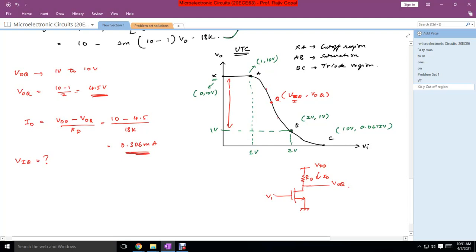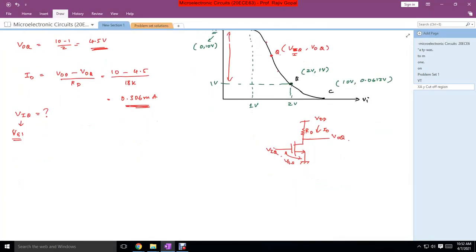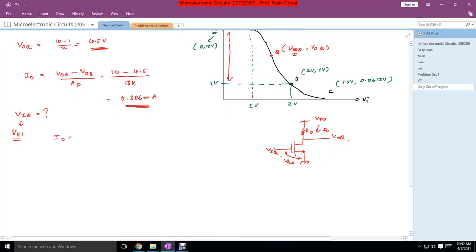I have to find VIQ. Remember, VIQ is nothing but a VGS value. So I have to use the current equation here, and obviously this is in the saturation region. So use the saturation current formula: ID equals half mu n COX W by L, instead of writing VGS, I will write VIQ minus VT, whole square.